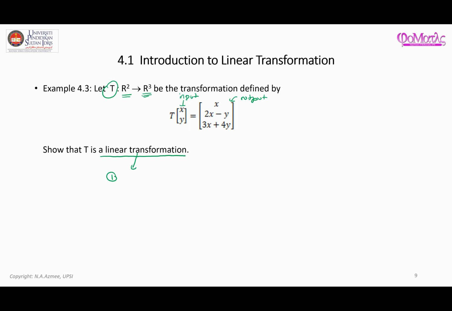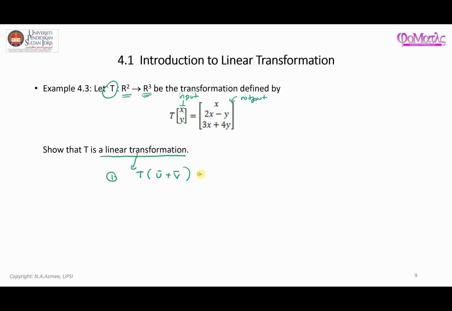So notice that here we have x and y, and for simplicity we can also have 2 vectors. I'm just going to talk about the rule first. Okay, so here we have T of vector u plus vector v. We can use u and v so we're not going to get confused with all this.